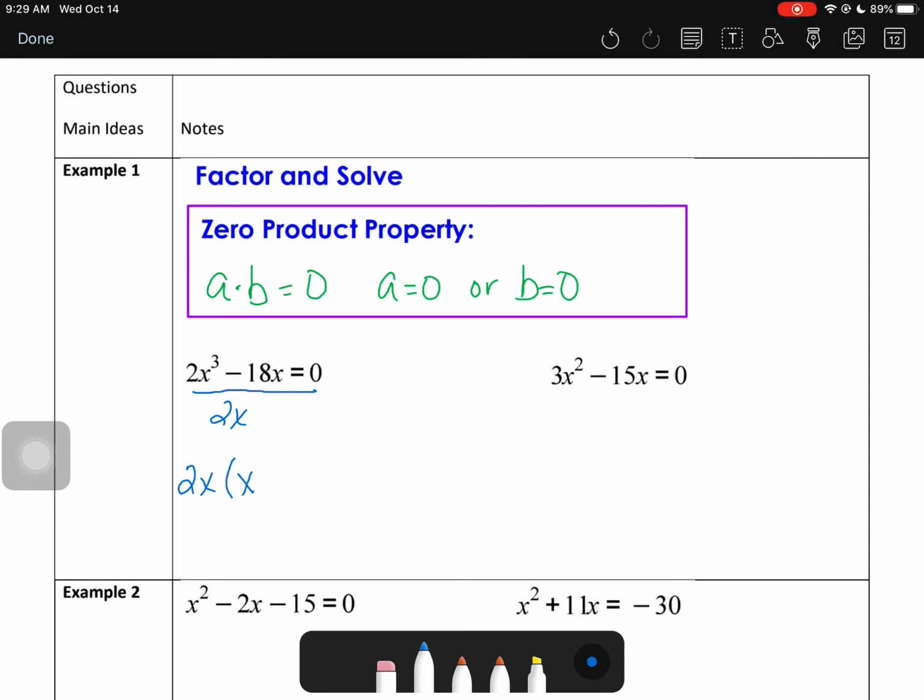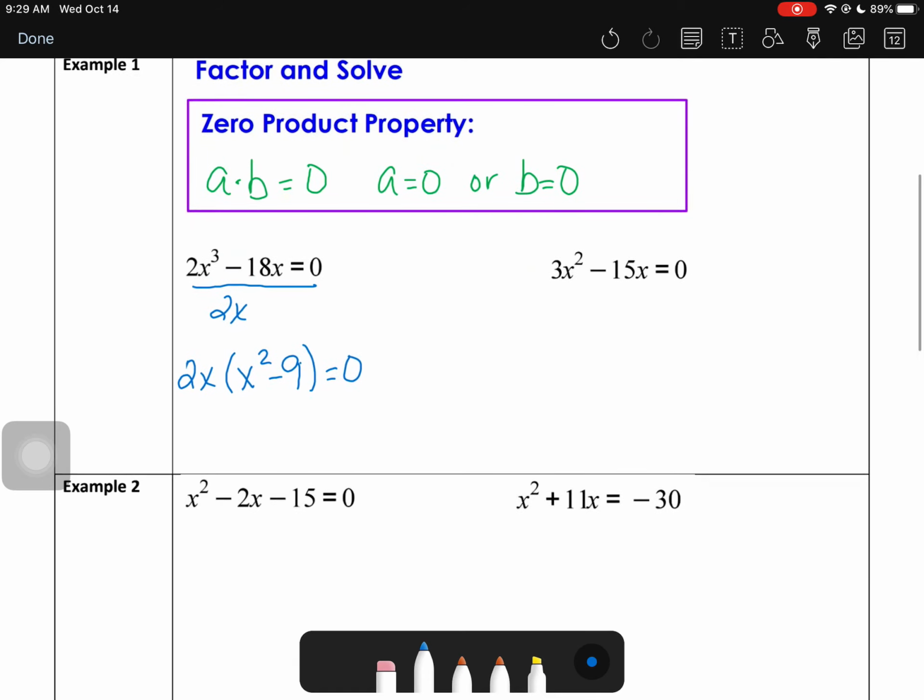And we have x squared minus 9 is going to be equal to 0. But if we remember from what we did in our previous lesson, the x squared minus 9 is the difference of squares. So we have x plus 3, and we have x minus 3, and that equals 0.